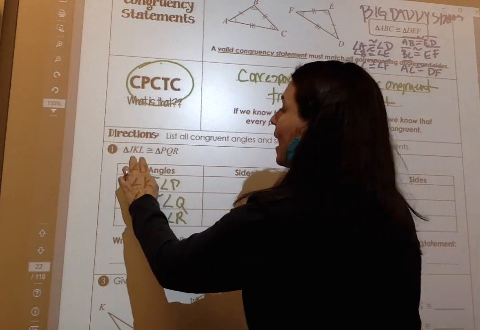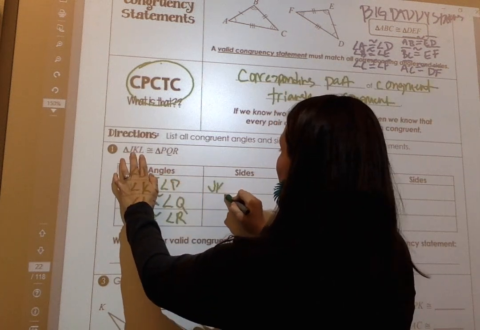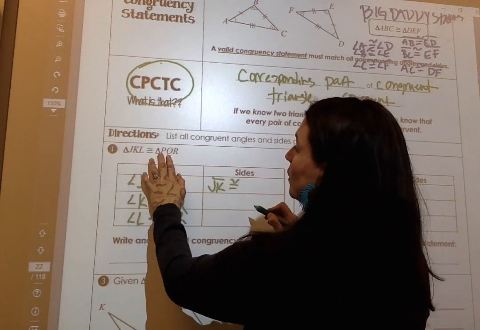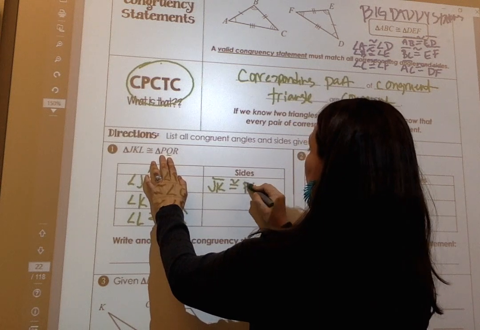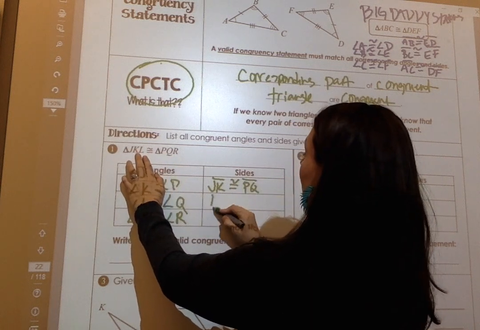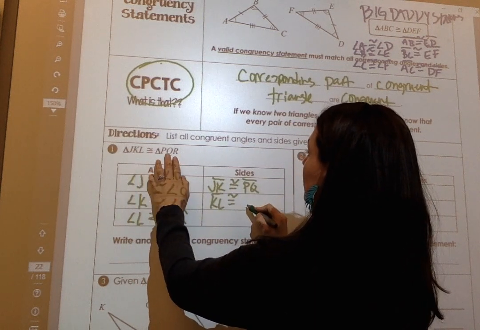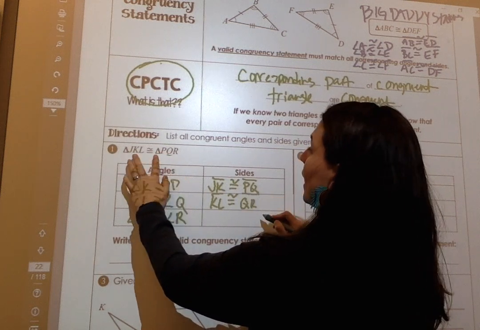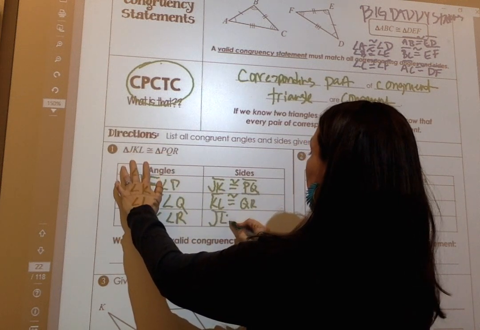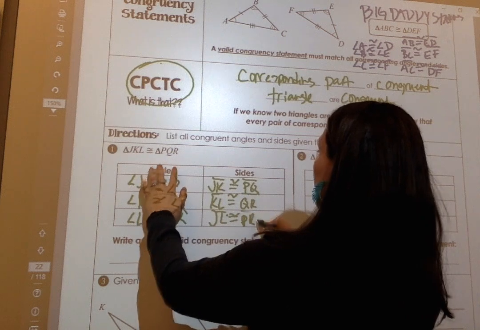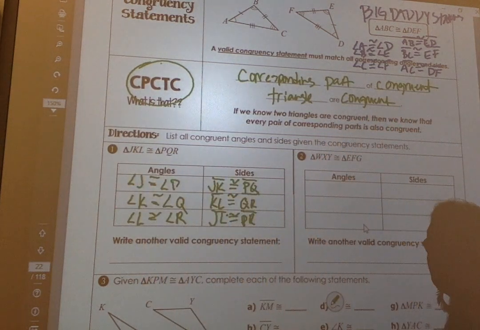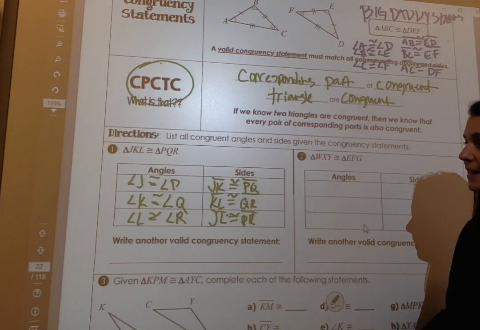If I look at my sides, I can say that JK is congruent to the first 2 letters over here, which are PQ. I can say that KL is congruent to QR. And I can say that JL is congruent to PR. Okay? So that's all my congruent angles and sides.